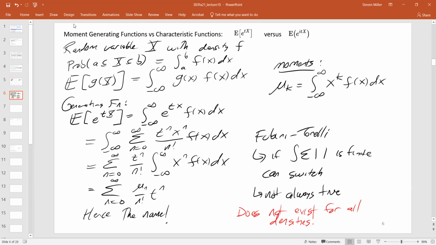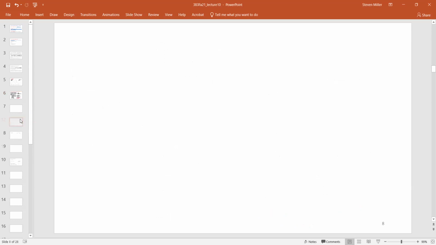Well, let's look at some other functions. For example, let's consider f(x) = e^(-x) if x is greater than or equal to 0, and 0 if x is less than 0.